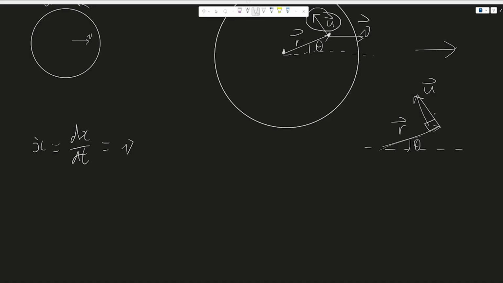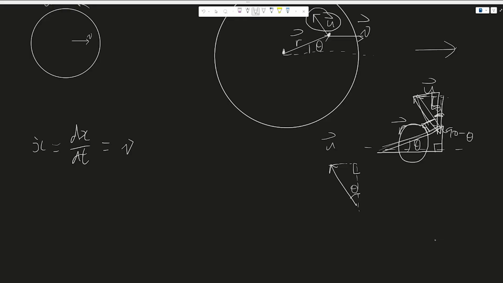Let's decompose this again into x and y directions. This triangle here has this as the right angle. So this is u, and we know that this is theta. Look at this triangle here. This is 90 degrees, this is 90 minus theta, and so this must be theta too.